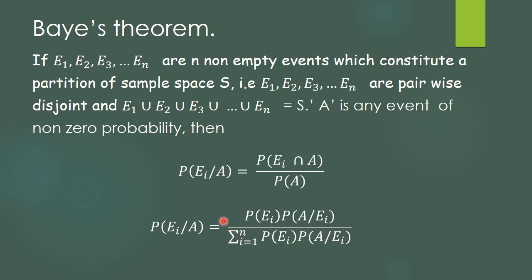So that is called the Bayes theorem. For this, P(A) can be calculated using the total probability theorem. Now to understand this, we will take an example, and then it will be easy for you to understand the question.